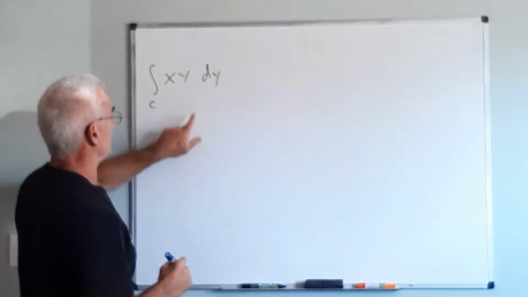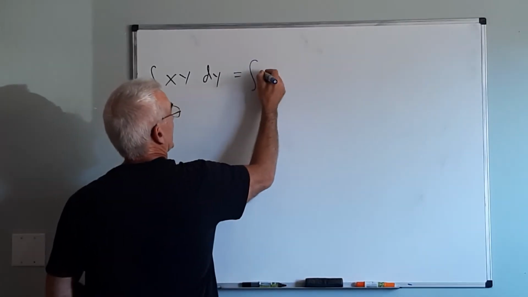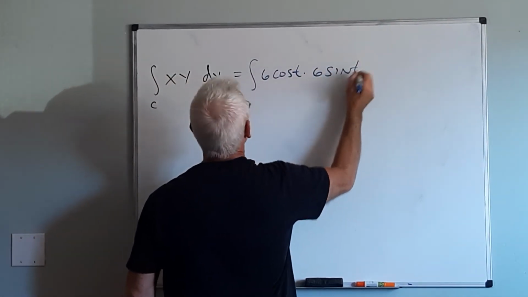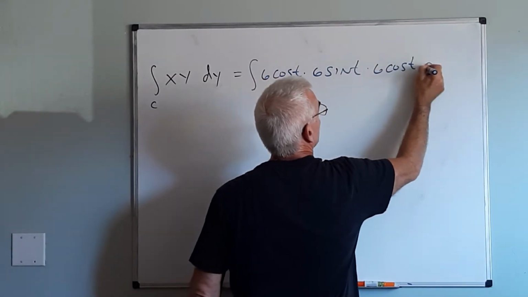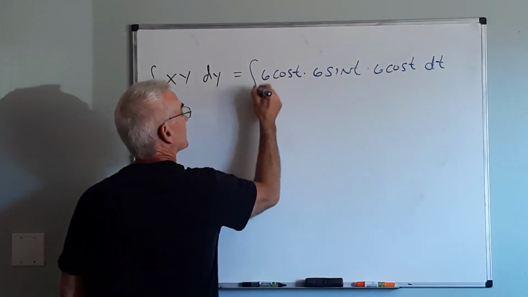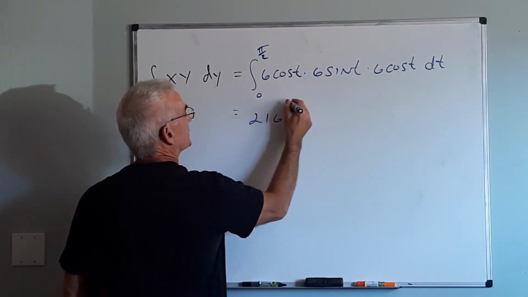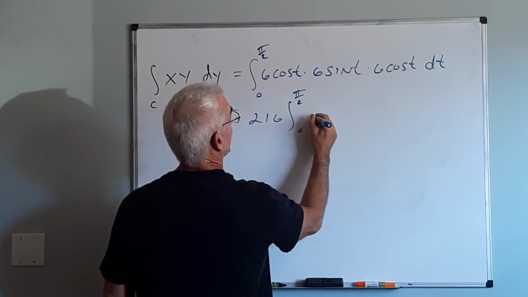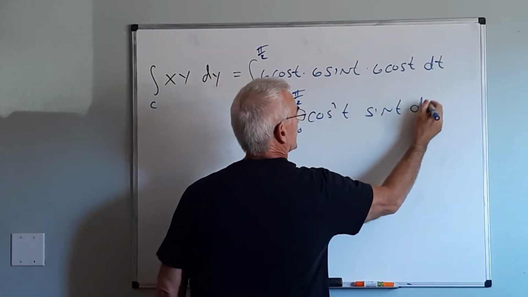Now the second example, we'll integrate with respect to y. So again, I'll get 6 cos t times 6 sine t, but then the dy this time would be 6 cos t dt, again integrating from 0 to pi over 2. This will give us 216, and this time we'll write it as cos squared t times sine t dt.